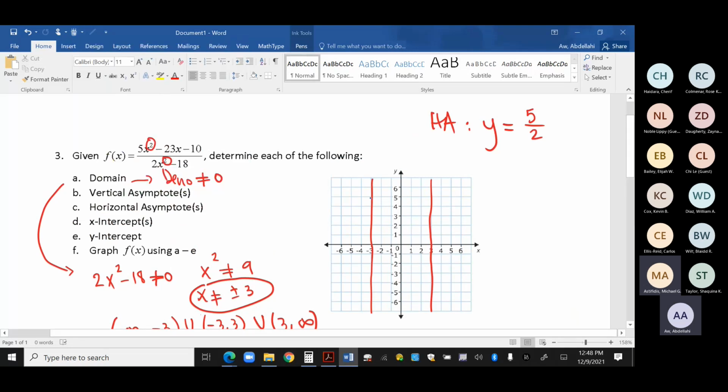And again, what does that mean? It means when you plug in big numbers, when x goes to infinity, the function is very close to 5 over 2. If you plug in 1 million, f of 1 million is very close to 2.5. f of negative 1 million is very close to 2.5. You can check that out. 2.5 is right here.